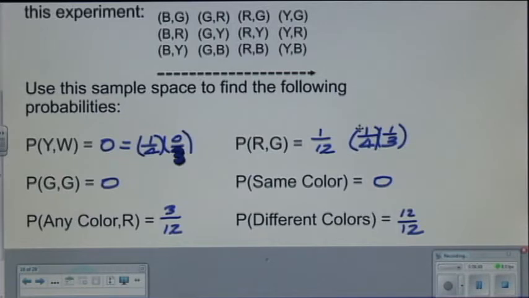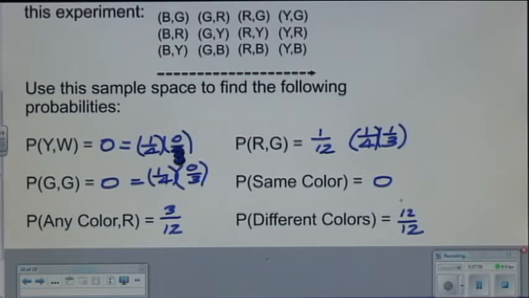How about green-green? Well, let's see. Can I get green-green? Well, in the first event, there's one way out of 4 to get a green one. But unfortunately, there are no ways out of 3 to get a second green one, since the green marble has been pulled. Therefore, the answer is 0.